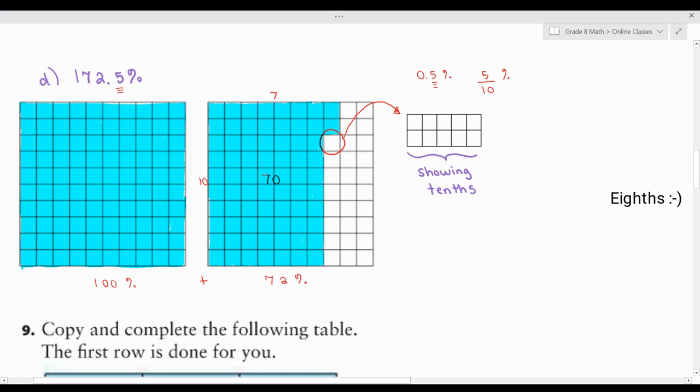That may make it easier to realize that if I have tenths here, I have to shade 5 of them. So I'm going to shade the top 5. It doesn't matter. You could shade 1, 2, 3, 4, 5 here. Okay, and then go back to your square. Now, clearly this is half, so you should be able to eyeball that you're going to shade about half of it. So that's how I'd represent 172.5%.